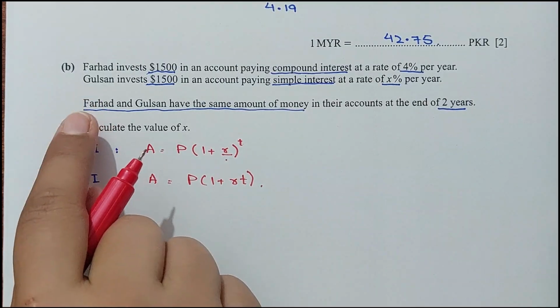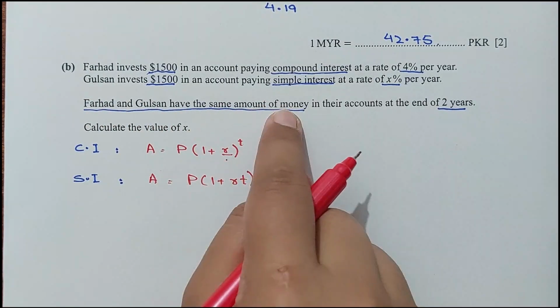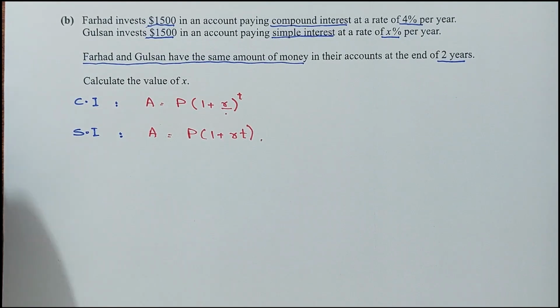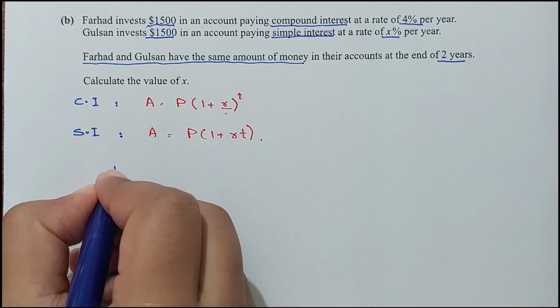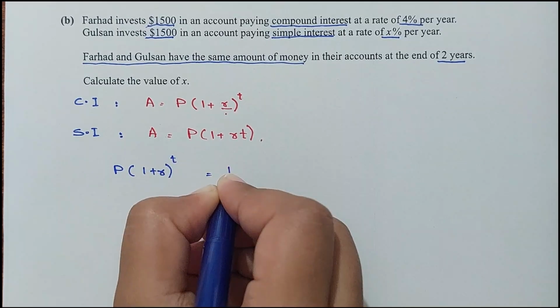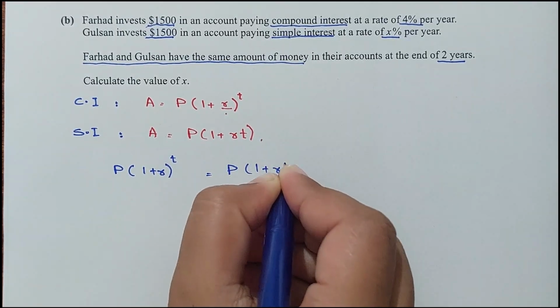Since Farhad and Gulshan have the same amount of money, we have to put them equal: P into (1 plus R) to the power T equals P into (1 plus RT).